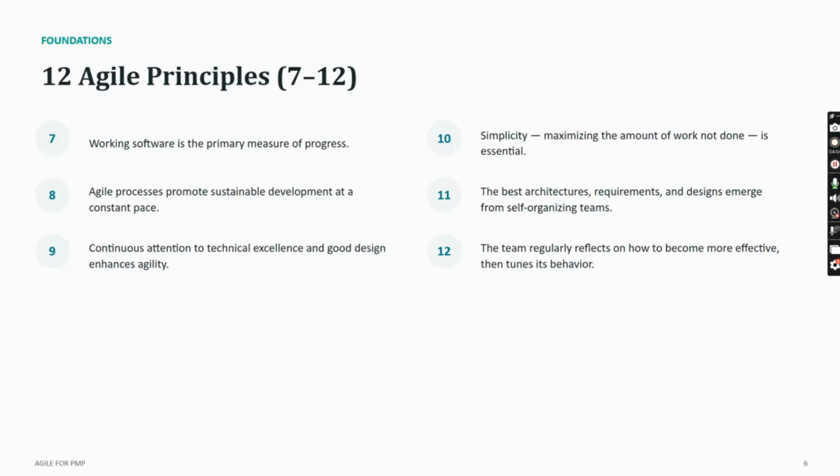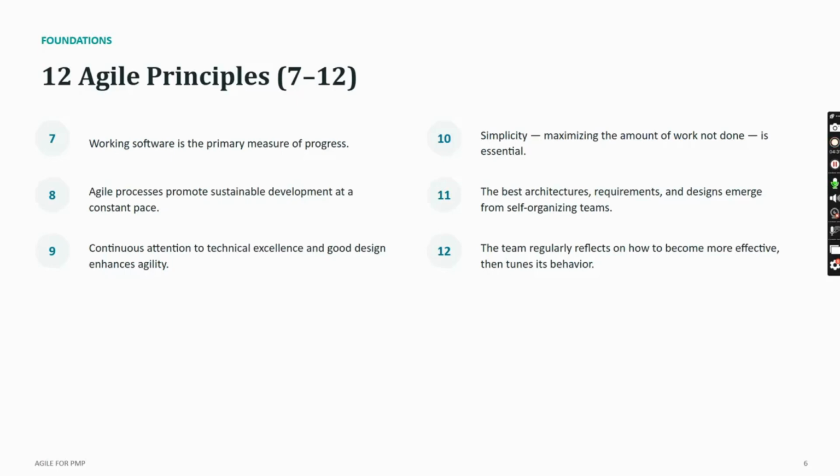Then comes the next, sixth principle, which is working software is the primary measure of progress. And the agile process promotes sustainable development at a constant pace. Continuous attention to technical excellence and good design enhances agility. Simplicity, maximizing the amount of work not done, is essential. The best architectures, requirements, and designs emerge from self-organizing teams.